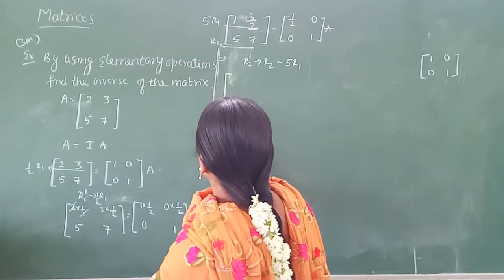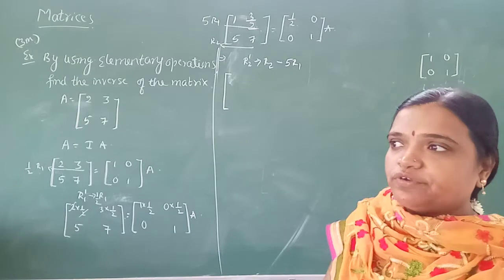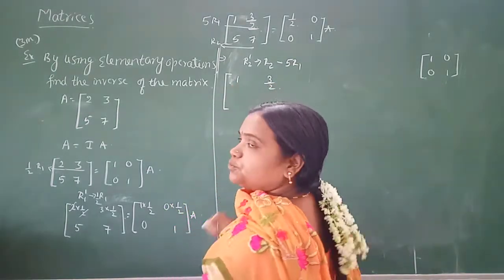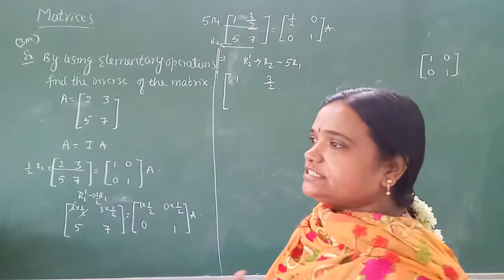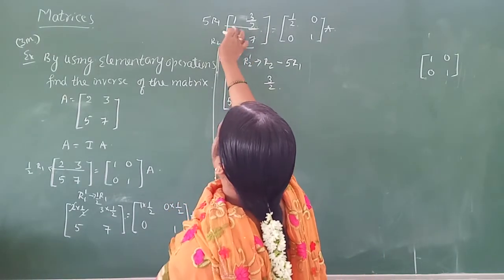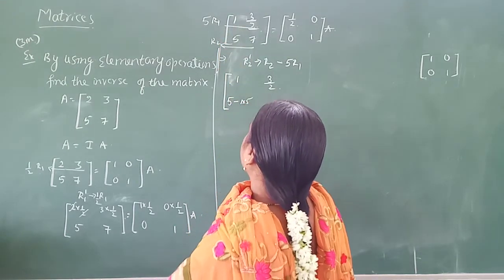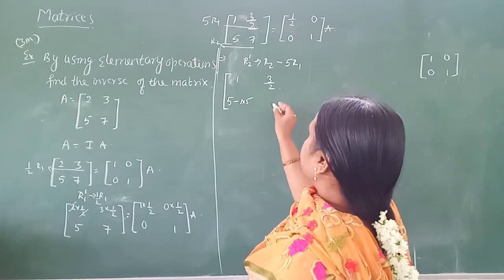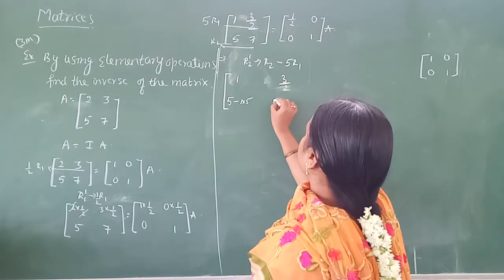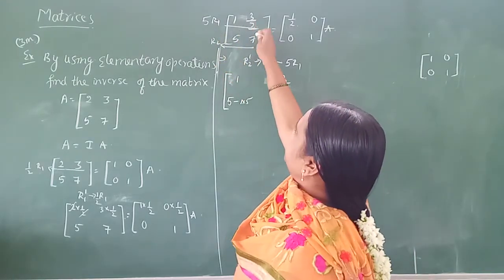There is no change in the first row, therefore we write it as it is: 1 3 by 2. Only the second row changes. Therefore I write 5 minus 1 into 5. Next, 7 minus 5 into 3 by 2.